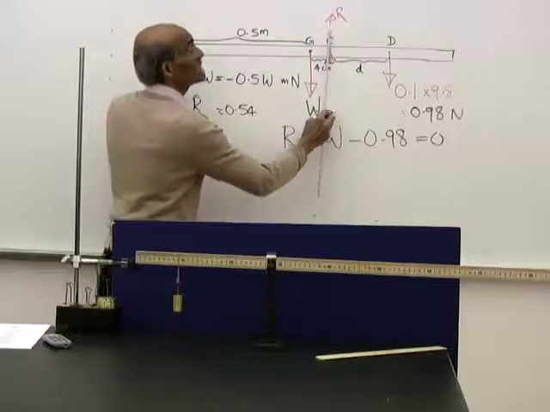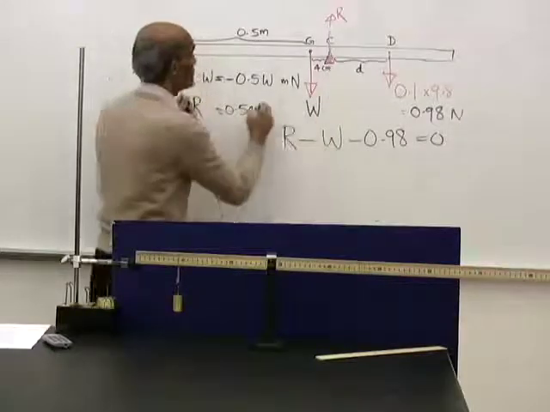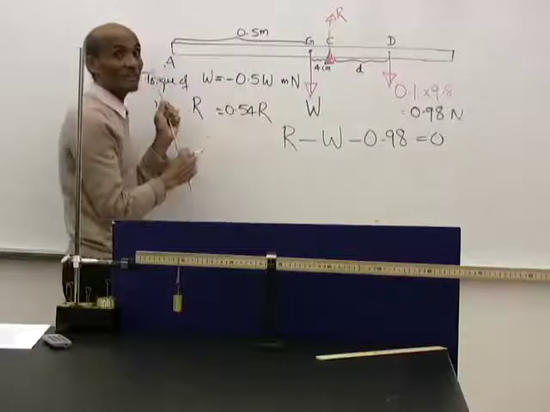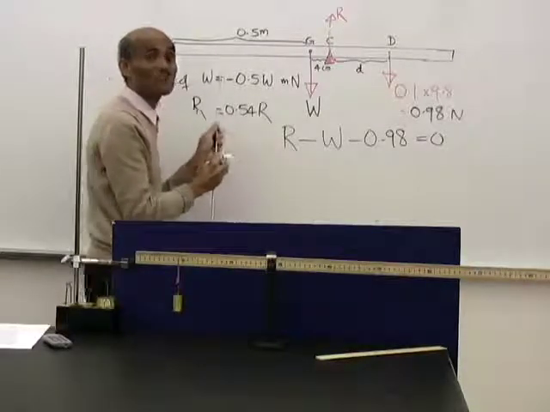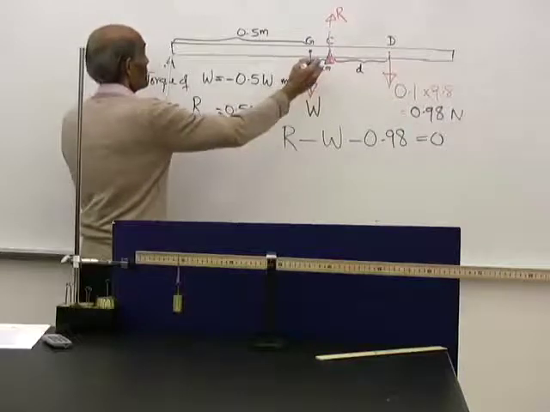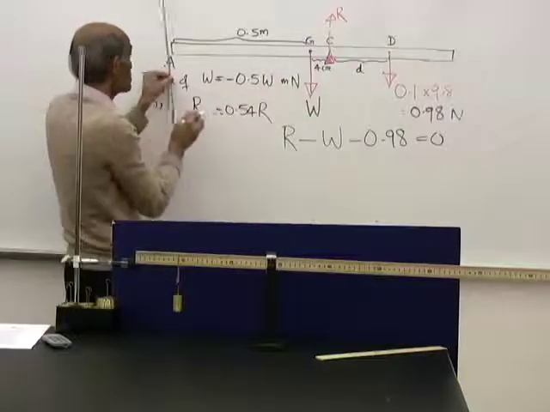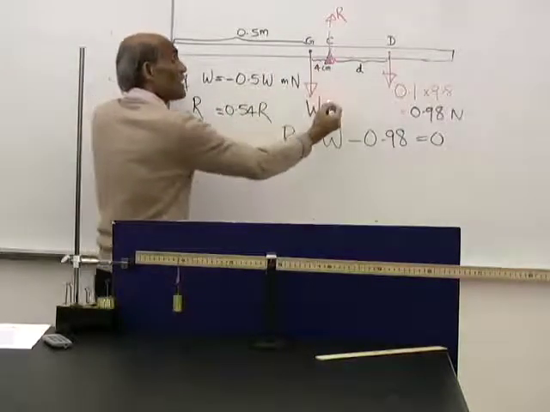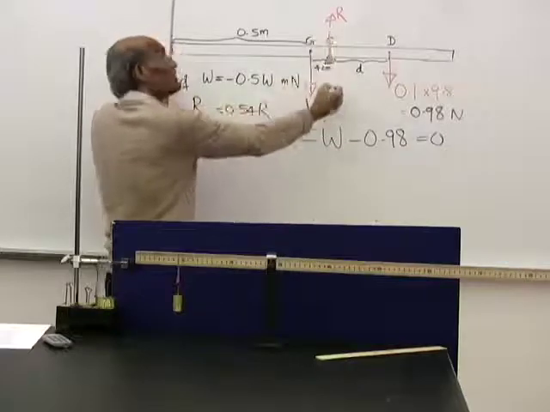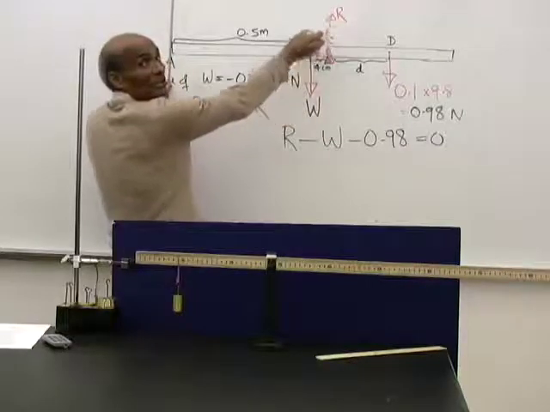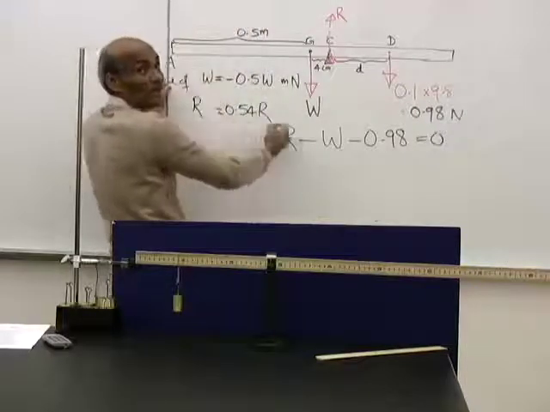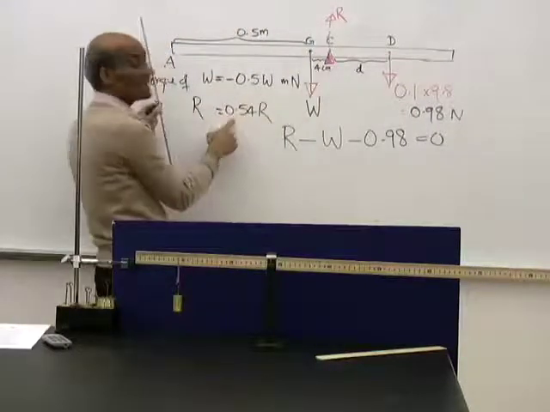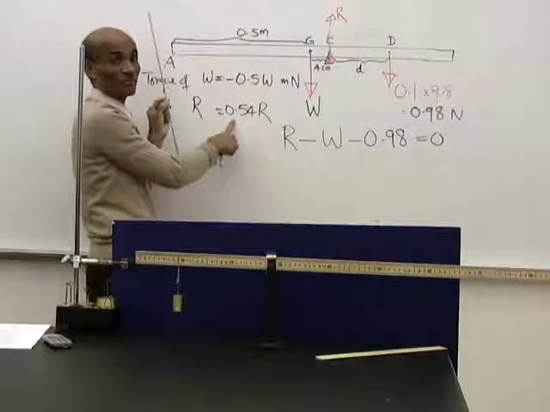What is the force acting at C? It is the reaction force. Tell me, is that a positive torque or a negative torque? This is the axis of rotation at A, and R is upward. That means it will rotate the ruler in the counterclockwise direction. Therefore, this is a positive torque.